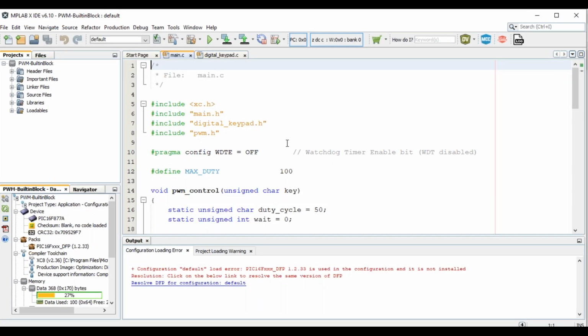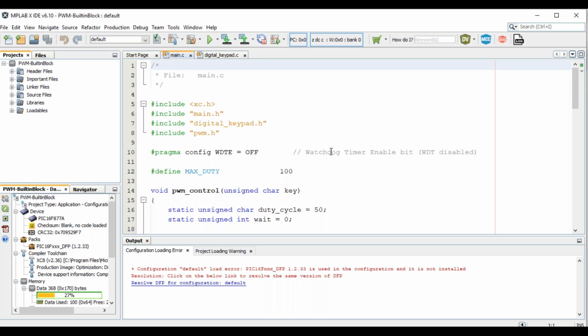Then we got to know a disadvantage of this bit banging method.